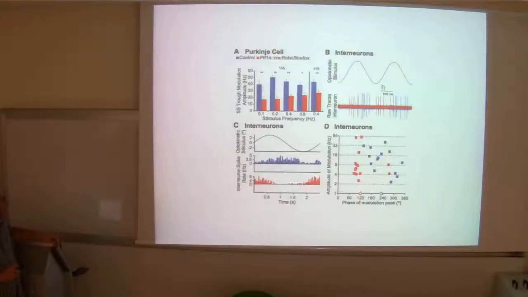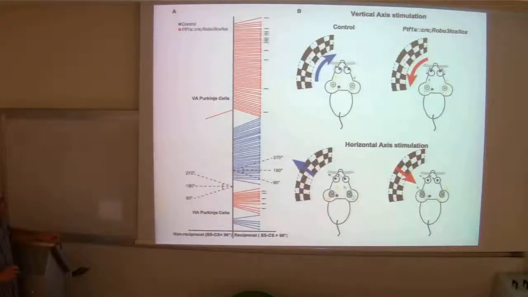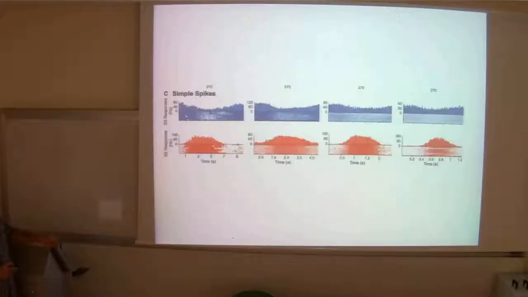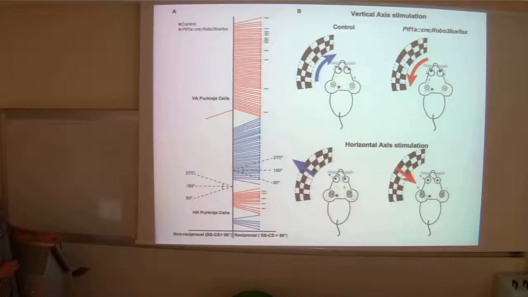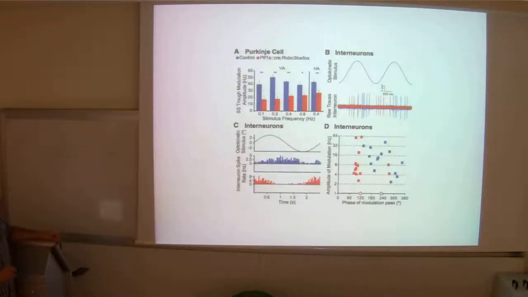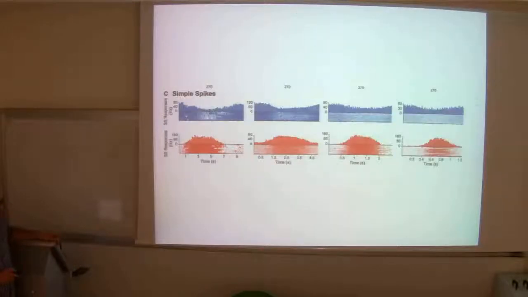Let's see if there was anything interesting. There was one thing that I wanted to highlight, which is more methodological. The explanation of this sideband is because of plasticity of inhibition, inhibitory inputs that are activated also very strongly here.